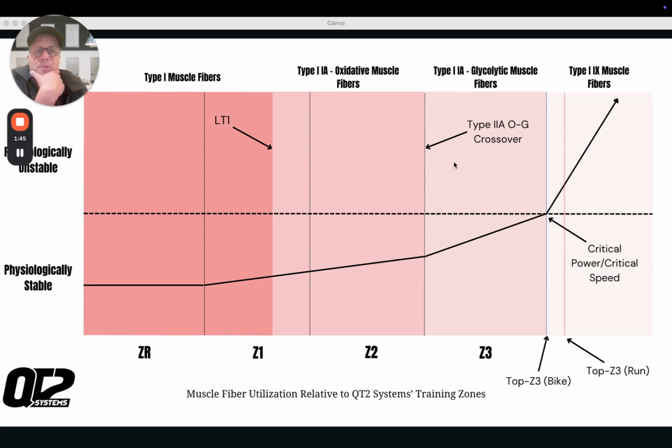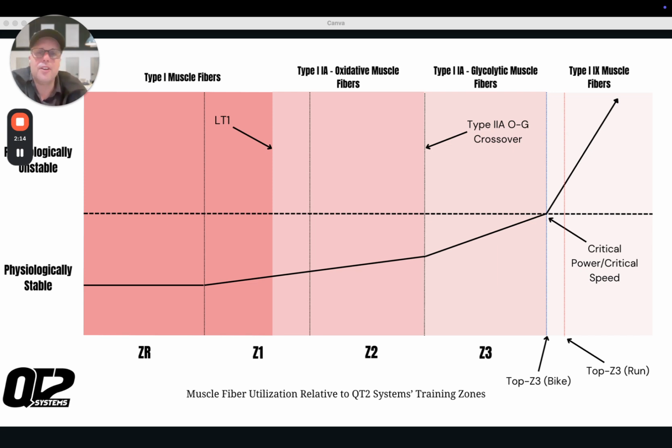They're kind of like swing voters in an election, where our type 2A oxidative fibers, type 2AO, tend towards behaving more like slow twitch type 1 fibers, and type 2A glycolytic fibers can lean towards behaving like our type 2X muscle fibers.